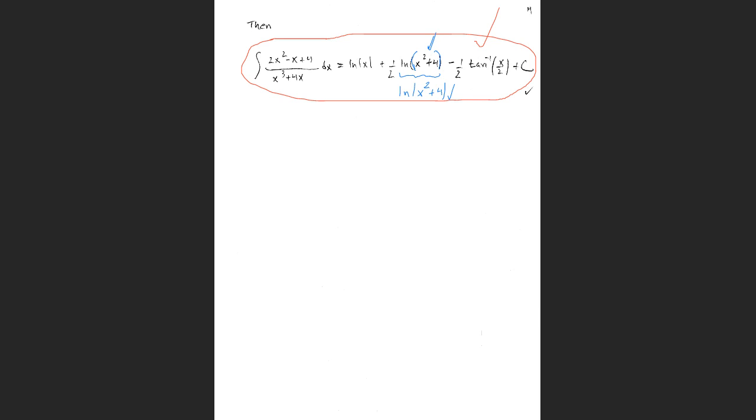So WebAssign would accept this answer, or it would accept that answer there. Now you've seen two partial fraction expansion kinds of problems, and they're very important for differential equations. I've seen them in multiple classes, but definitely Math 282 differential equations. They're involved in finding inverse Laplace transforms, for example.